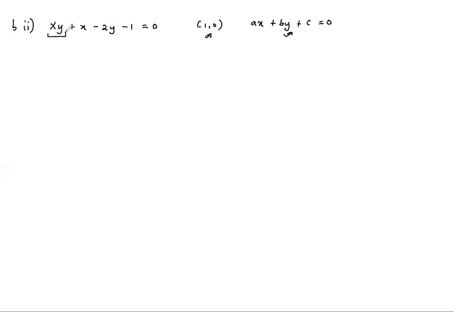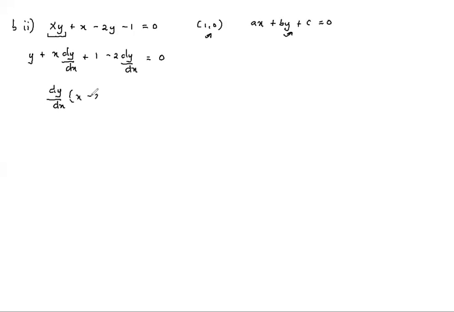So we differentiate x, we get y. We differentiate y, we get x, but because it was y, it becomes dy/dx. Plus you differentiate x, you get 1. You differentiate 2y, you get 2, but because it's y, you have dy/dx. Differentiate 1, you get 0. Differentiate 0, you get 0. And you're looking for dy/dx.